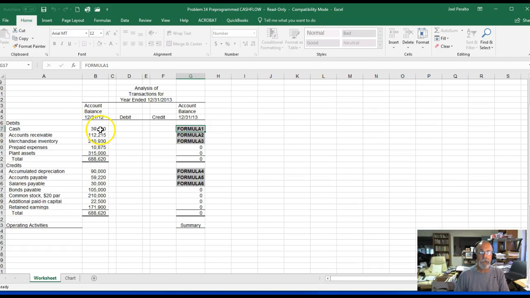So for debit accounts, we go from 12/31/12 to 12/31/13 by starting with our beginning balance and adding our debit amount and subtracting our credit amount.